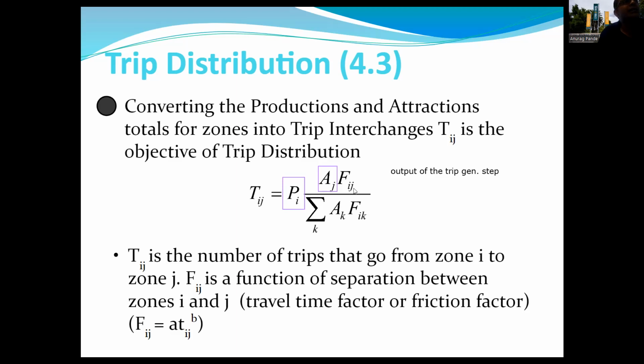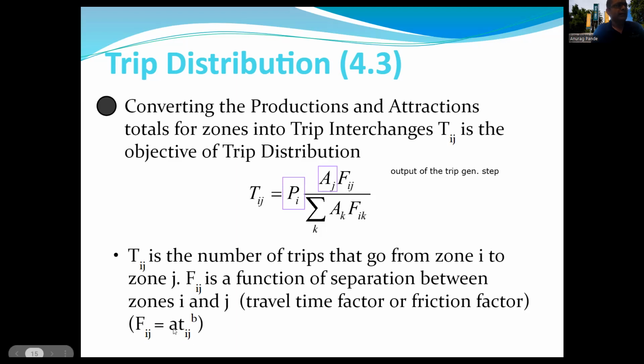So this Fij represents a friction factor, and then you divide the number of trips between zones in proportion to that friction factor. I have an example problem that shows how you can apply this, a formula that you should review.